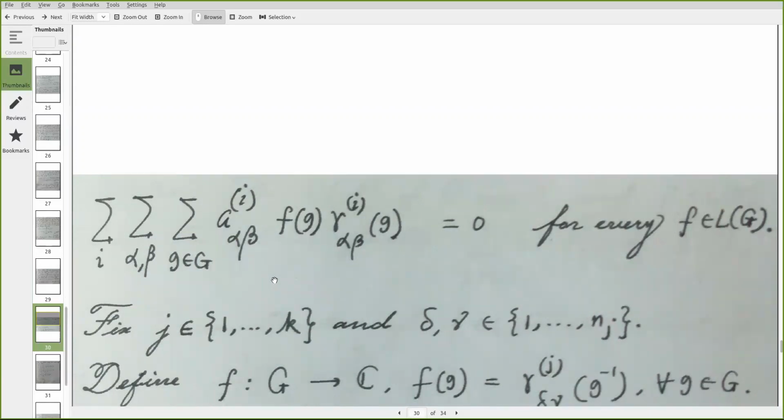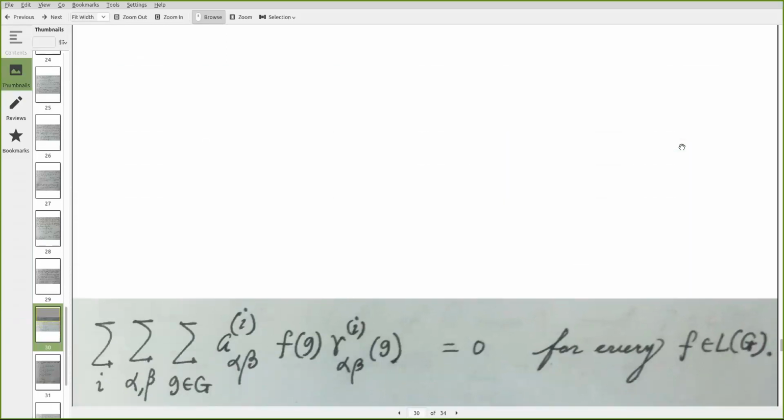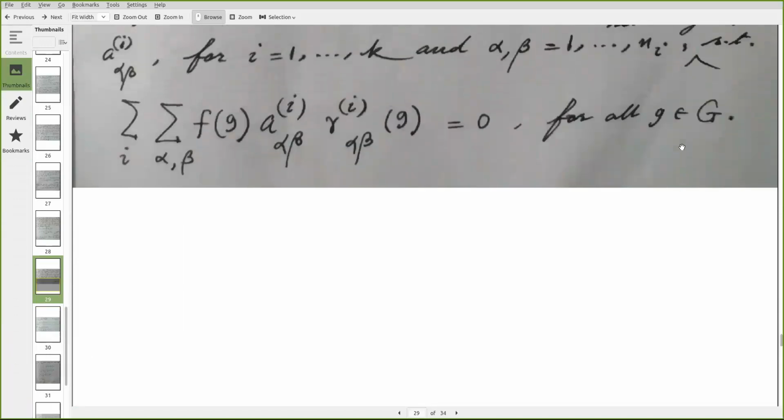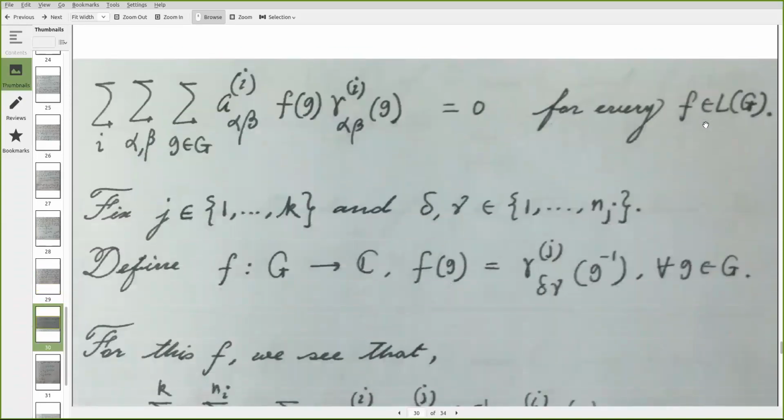Since the functional is non-zero but vanishes on the image, that means for every f, we have the following dependence relations on the matrix coefficients. Once this holds for every f, as I said, this is the correct one. This is not the correct one, please ignore that. I will update that when I send the PDF. So this is what we get.